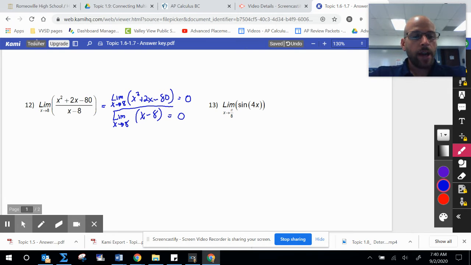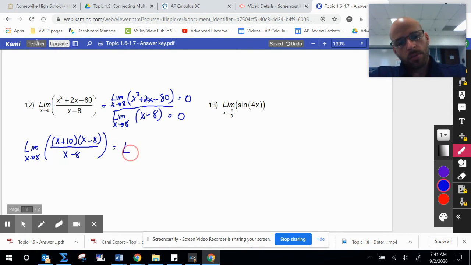So we need to kind of factor and reduce. So I'm going to take the limit as x approaches 8 of x plus 10 times x minus 8 over x minus 8, which will give me the same thing. If you reduce, I just have the limit as x plus 10. And if you plug in 8, I get 18.